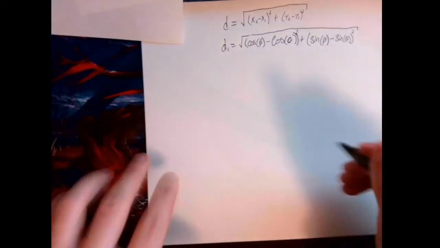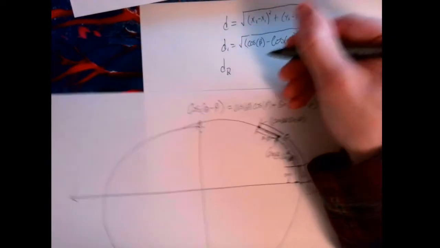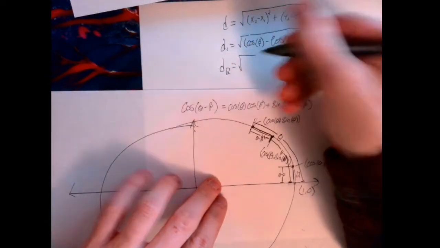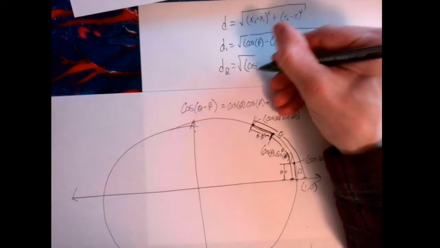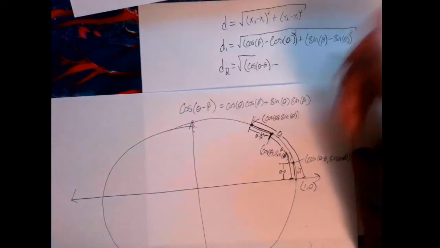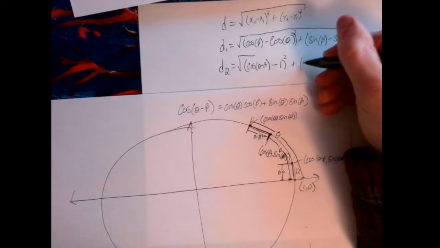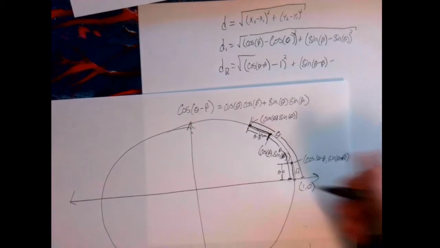And then d2 is going to be equal to the square root of cosine of theta minus beta, minus 1, squared, plus sine of theta minus beta, minus 0, squared.